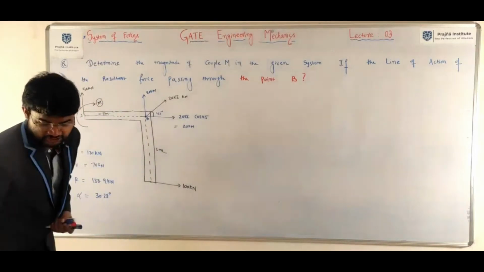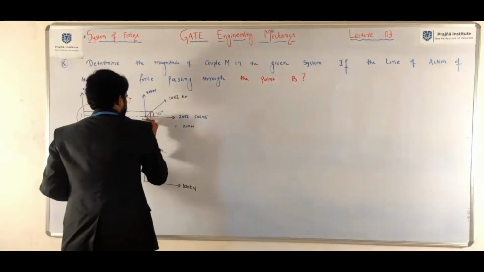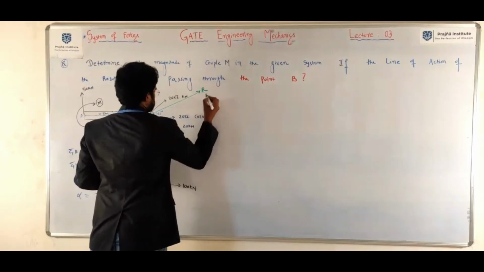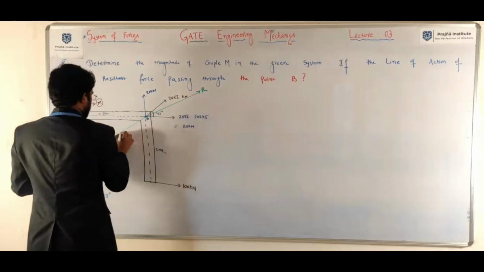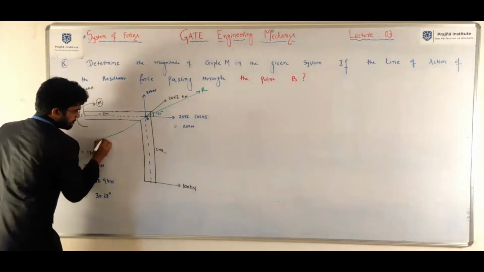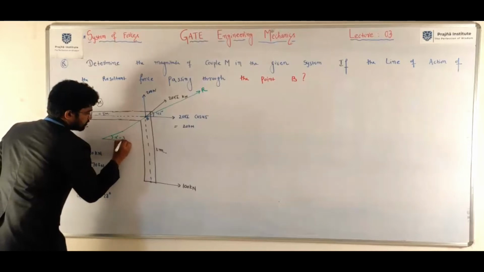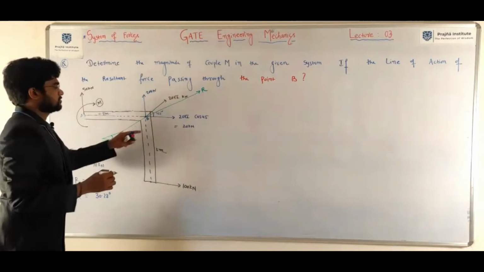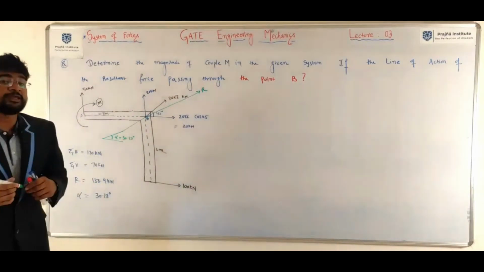Line of action of the resultant force passing through the point B. This is point B. This is alpha equal to 30.28 degrees. Line of action of the resultant force passing through the point B.